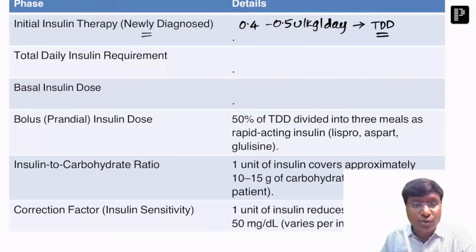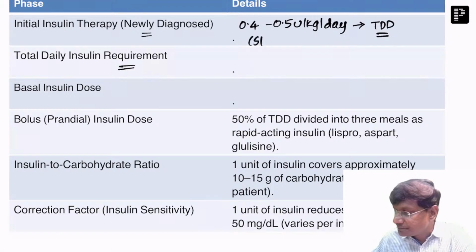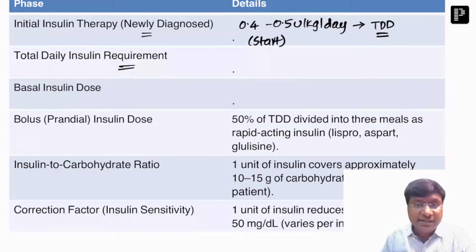So the starting dose is this much: start with 0.4 to 0.5 units per kg per day as the total daily insulin dose.